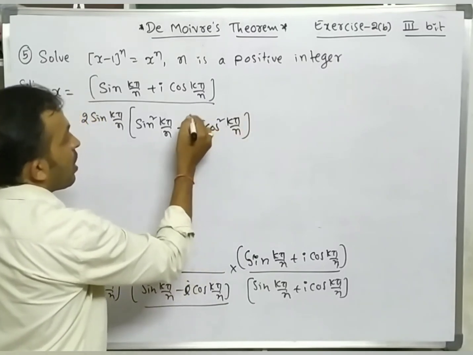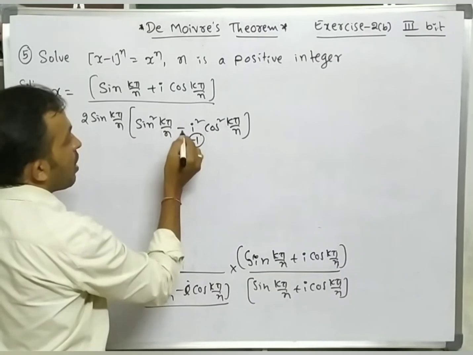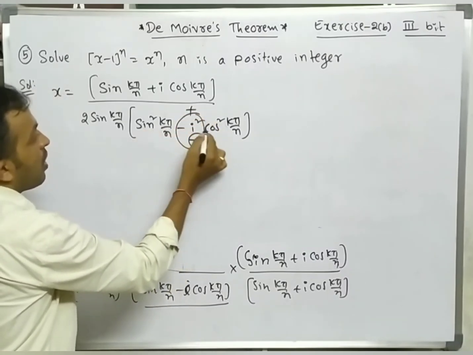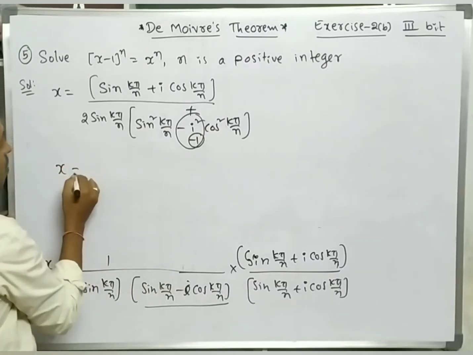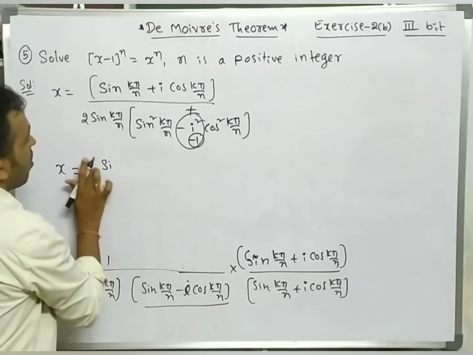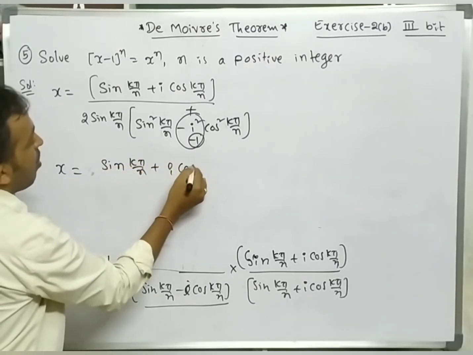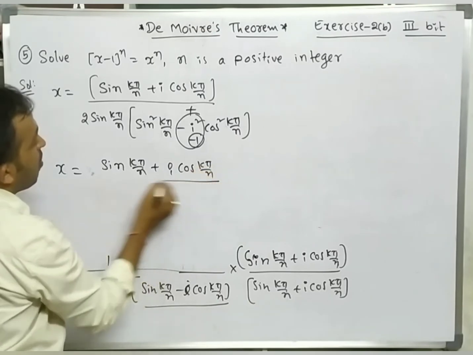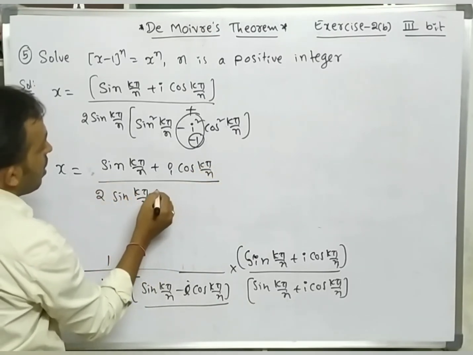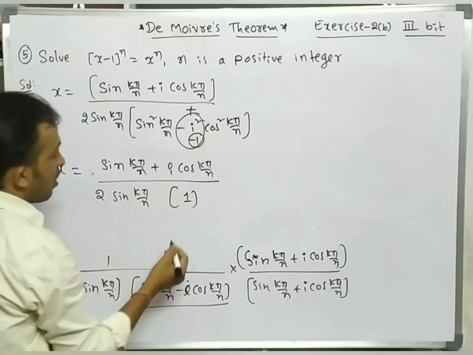So what is the value of i square? It is minus 1, right? Minus into minus becomes plus, so sin square theta plus cos square theta becomes 1. So we have sin k pi by n plus i cos k pi by n by 2 sin k pi by n into 1.